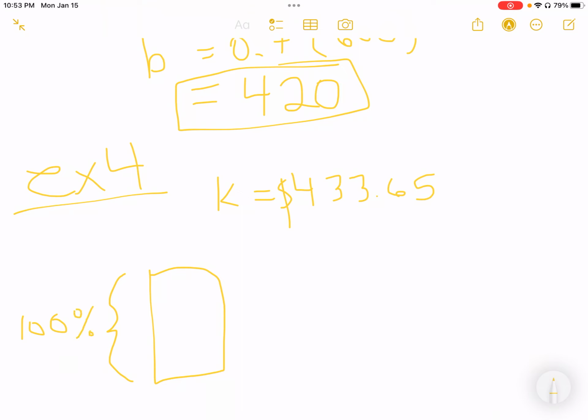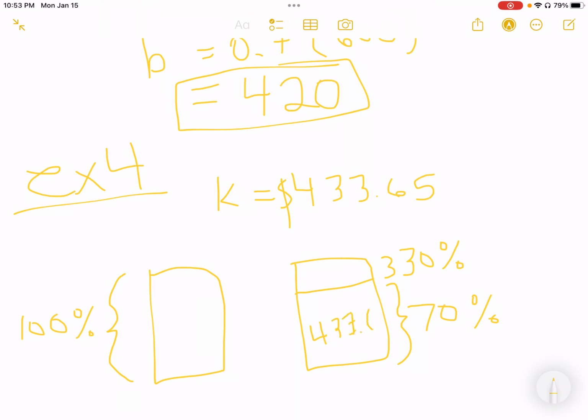And then I could write the discount as a section here, and I could say this is 30%, this is 70%. That's very similar to our last problem. And if I want to put any numbers here, then I say this is 433.65.